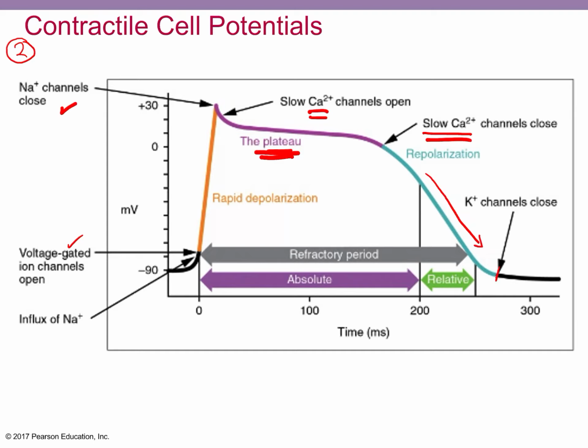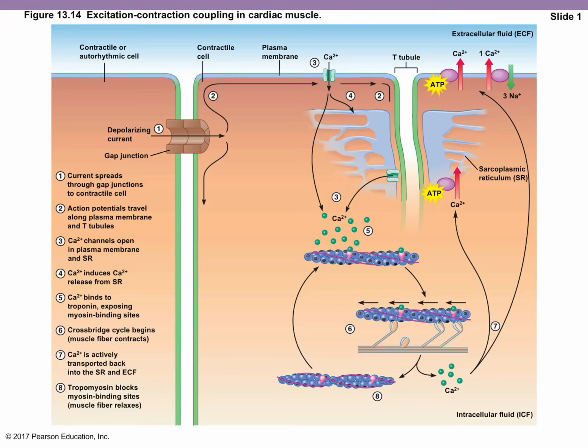All right, so let's take a look at our next topic, which is our excitation-contraction. Here is that picture. So this looks really familiar, hopefully, because it's very, very similar to skeletal muscle. There's a couple differences. So when the action potential reaches your muscle cells, here is our depolarizing current, right?